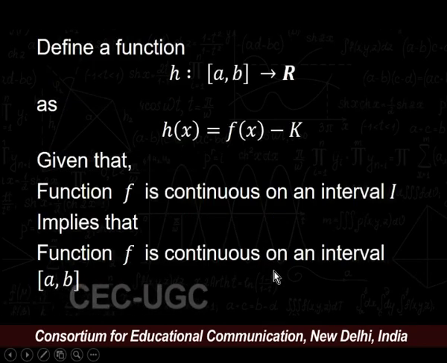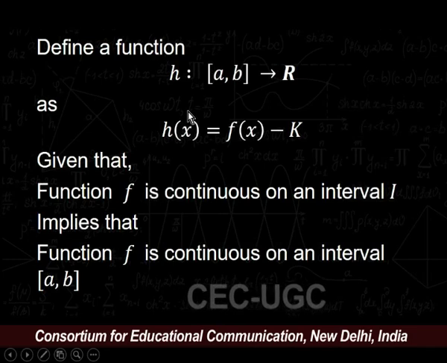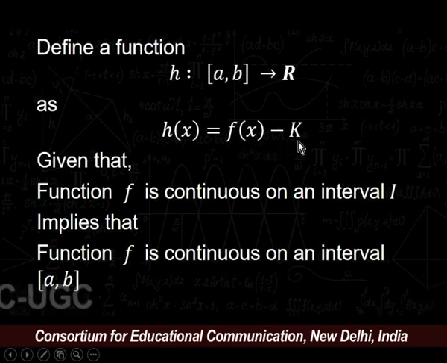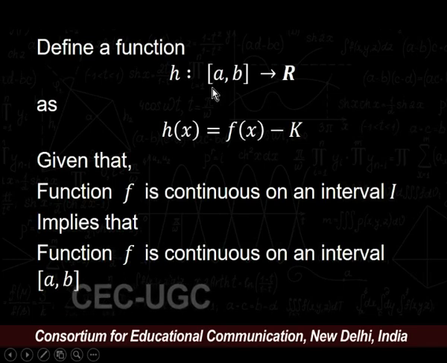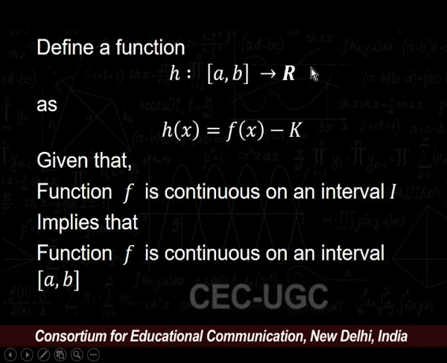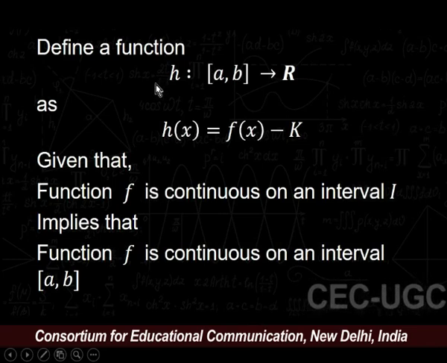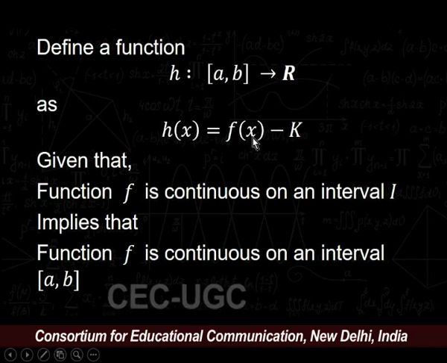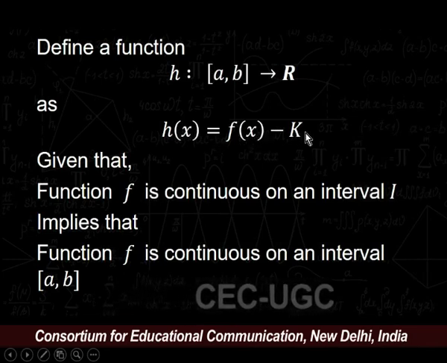Now, define a function h from closed interval a comma b to R as h of x is equal to f of x minus k. I repeat, we are defining a function h from closed interval a comma b to R as h of x is equal to f of x minus k.